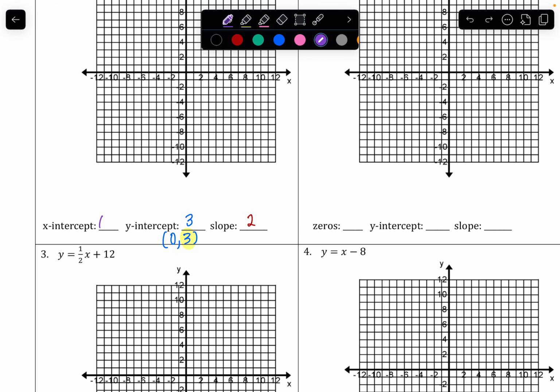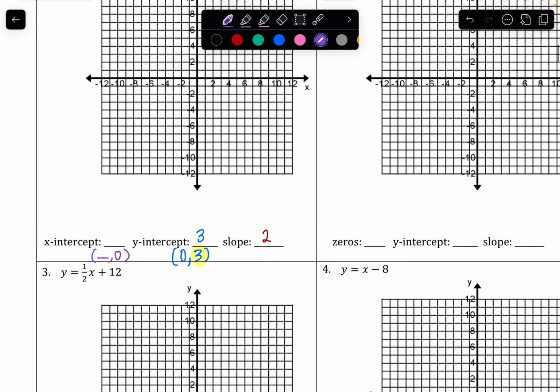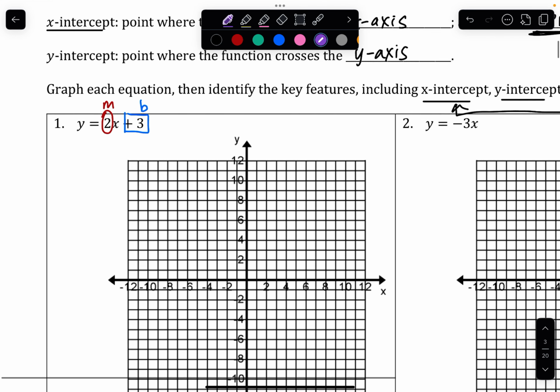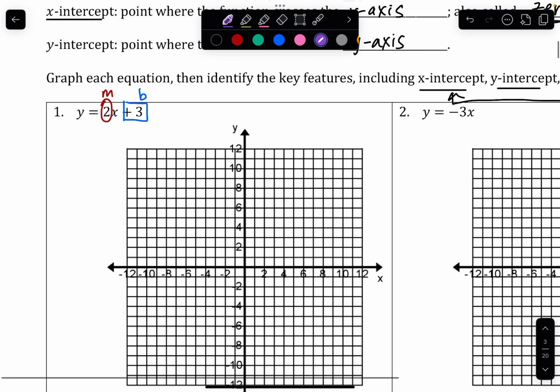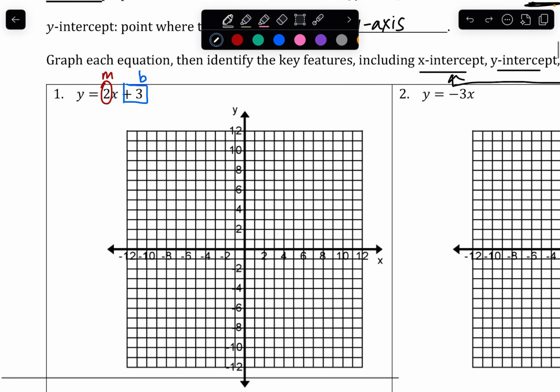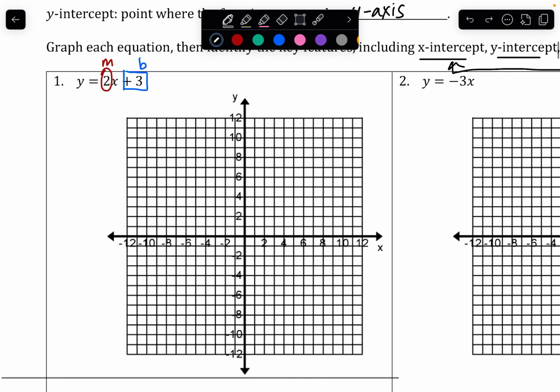And so we will have either a number right here, or we will have a number, comma, 0. Okay, so we don't get the x-intercept for free from the equation. The only thing we get is the slope and the y-intercept. So just be careful. Some people call the slope the x-intercept because it's next to x. That is not true. You do not get the x-intercept for free by looking at an equation.